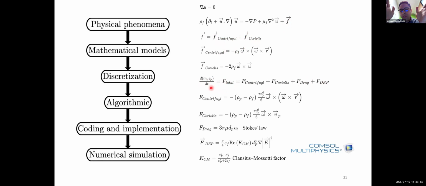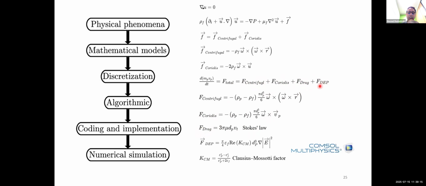For sigma F, you can consider, or you should consider, all important forces applying on those moving particles in your system. Centrifugal force is very important. Coriolis force is another important force. We have drag force. Here we use Stokes' law, that is a famous drag force equation for spherical objects.